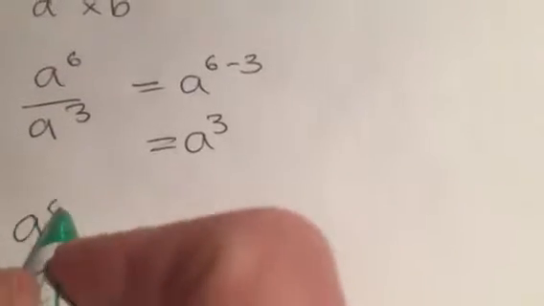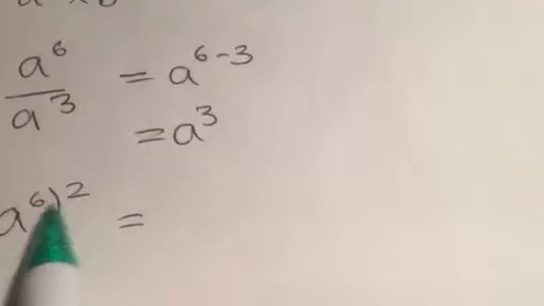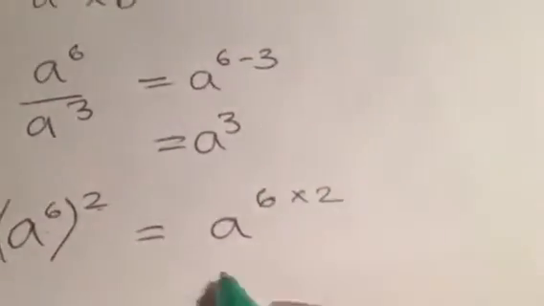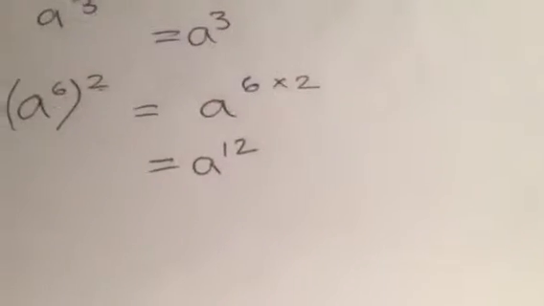If you raise something to a power, then you multiply the indices. So a to the 6, all to the power 2, is a to the 12.